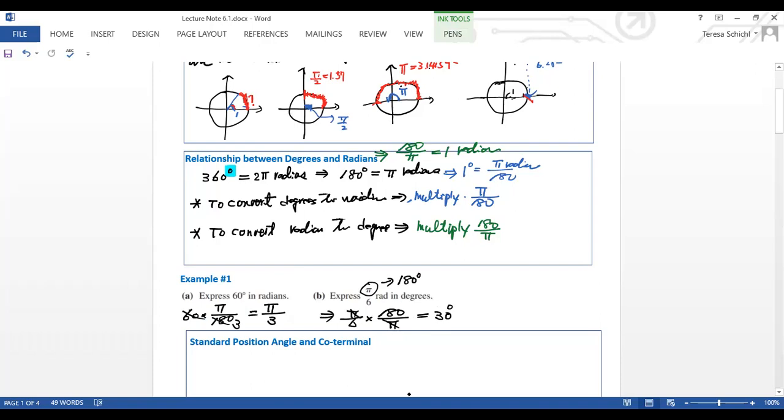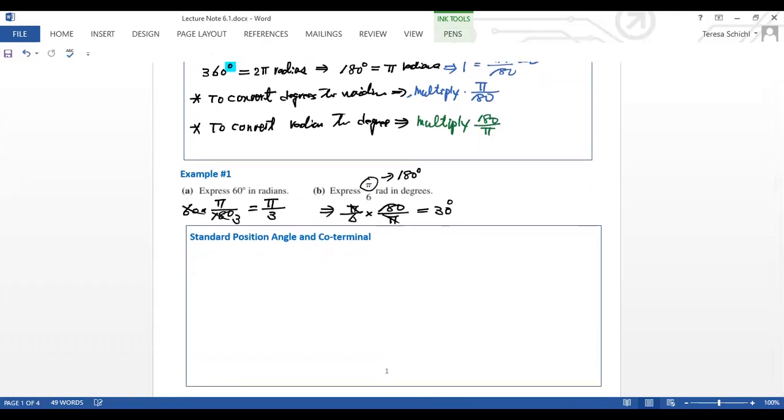Okay, now let's take a look at the next definition, the standard position of an angle and coterminal angles.